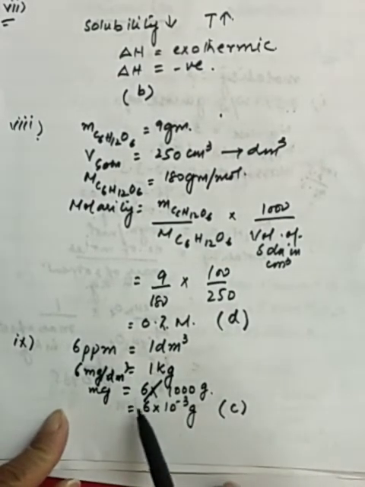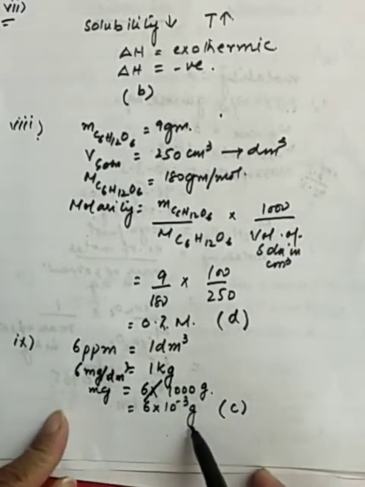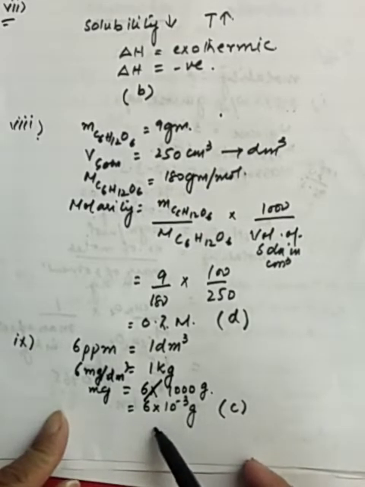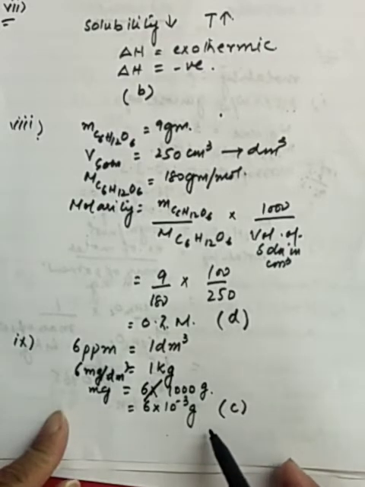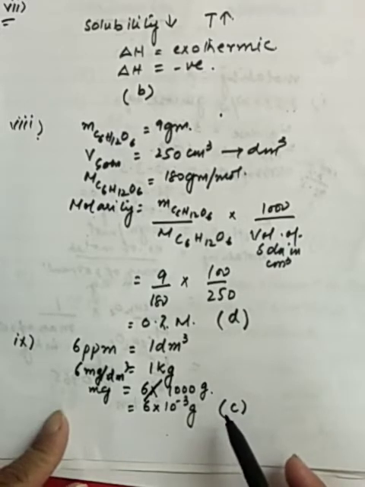Now we divide 6 by 1000, it will be equal to 6 into 10 raised to power minus 3 gram. How much mass of oxygen has dissolved? That is 6 into 10 raised to power minus 3 gram. So boys, you will mark option C. It will be the correct option.